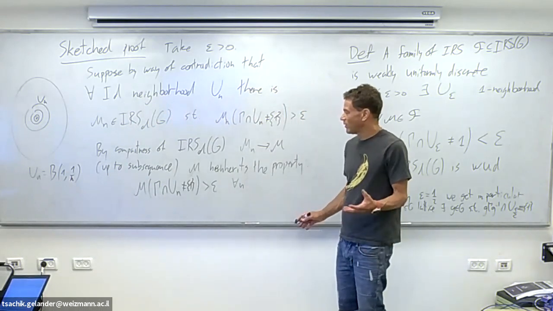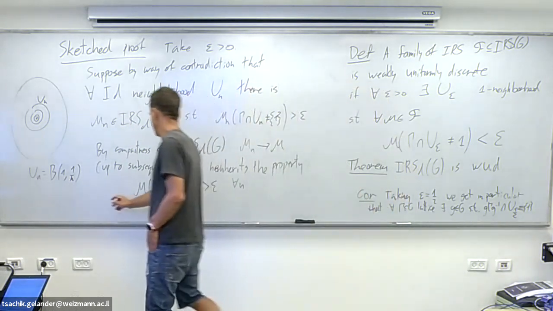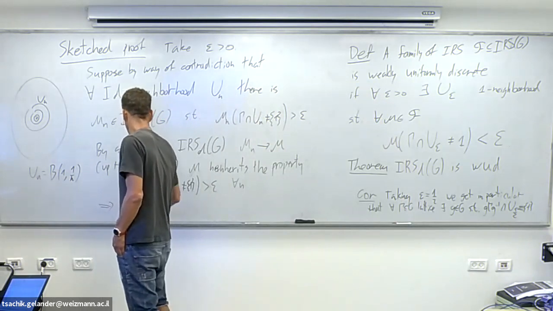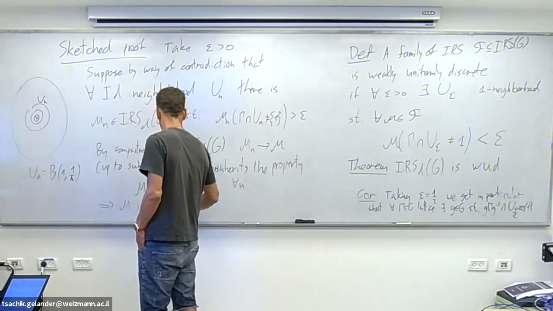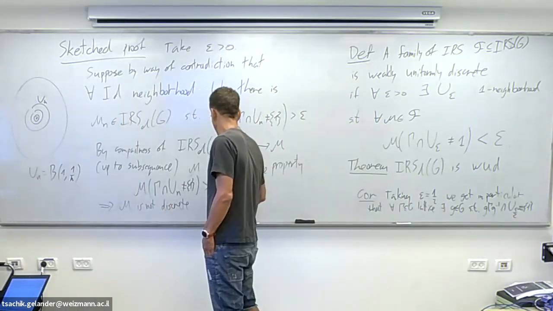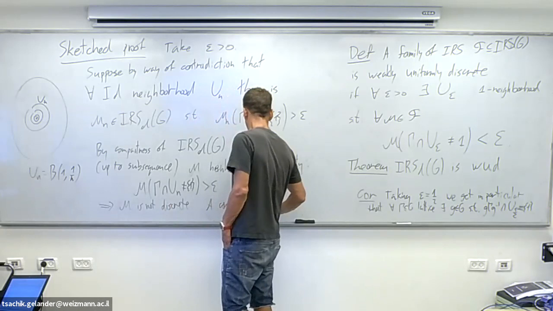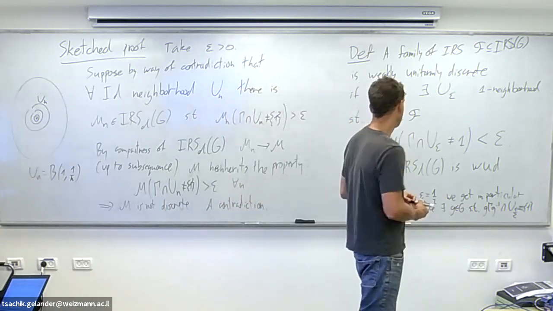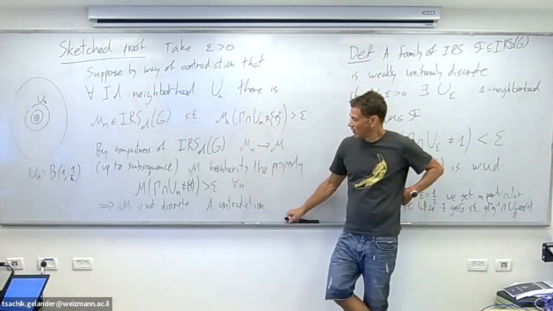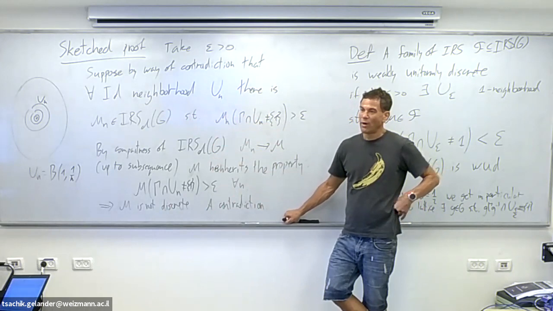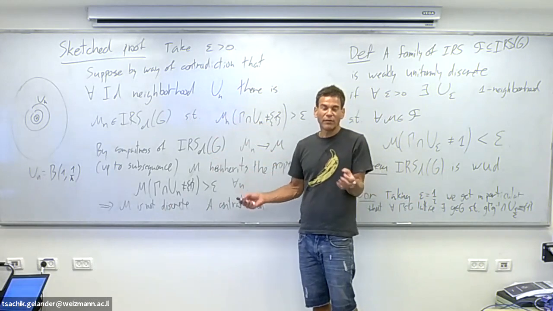But that means that it's not discrete. Contradiction to compactness. So I have a sequence of discrete IRS, I take a limit and I claim that it's not discrete. Why is it not discrete? Because with some positive probability, it intersects every identity neighborhood.